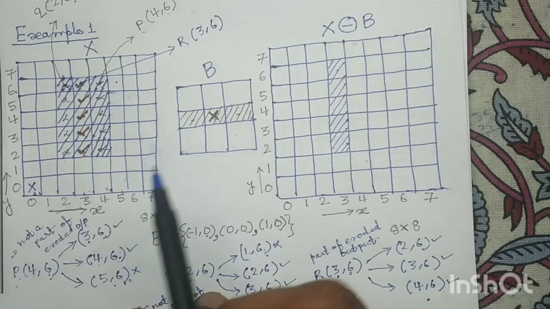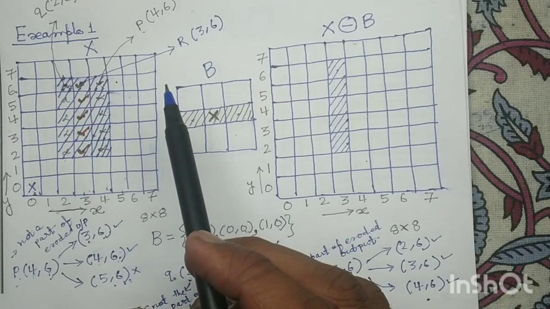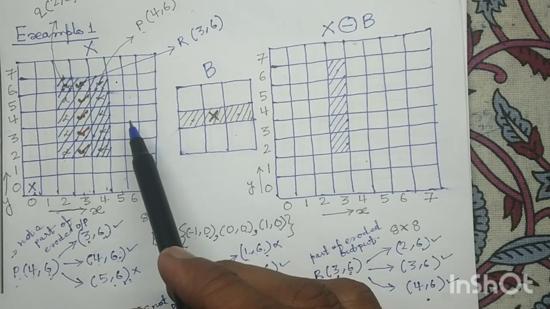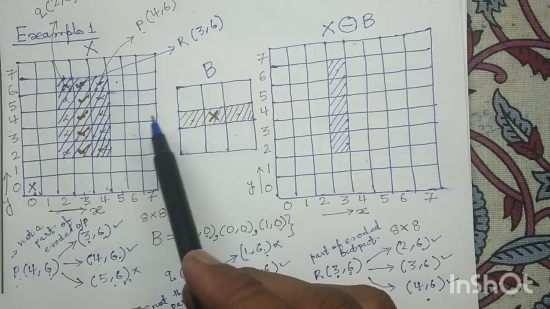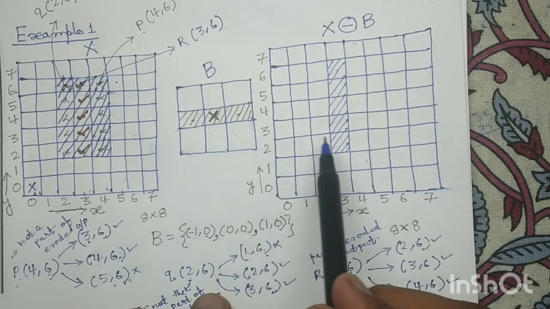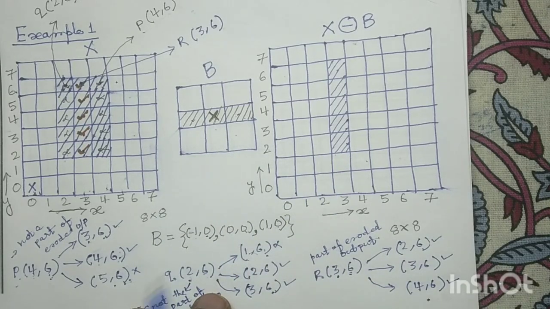If you perform the erosion operation between this input image X and the structuring element B, you will get this much eroded output.